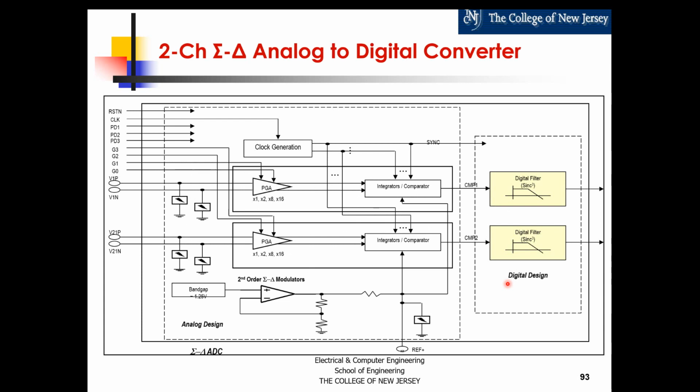So let's say you have a 2-channel sigma delta analog to digital converter. Okay, so you can see the pins of the chip here. It's got a bunch of analog stuff in the front, which are programmable gain amplifiers. It has a bunch of integrators and comparators, and together the programmable gain amplifiers, which you can program for 1, 2, 8, and 16 gain of the analog input, together with the integrators and comparators, they form what is called a second order sigma delta modulator.